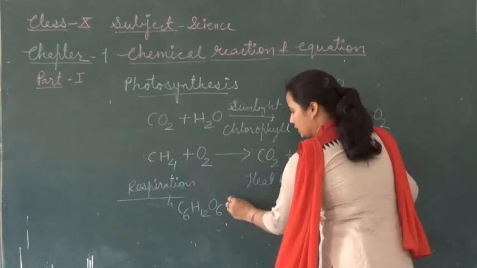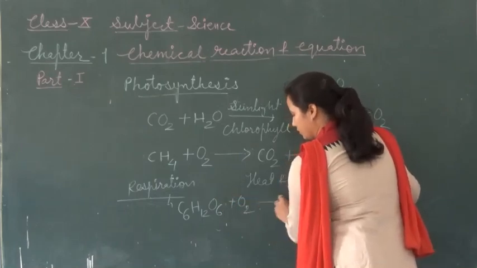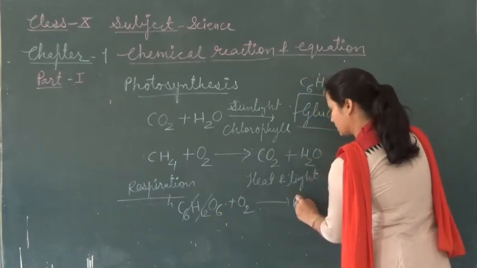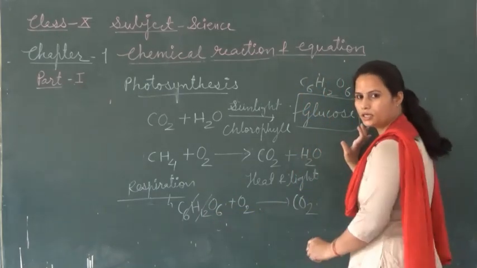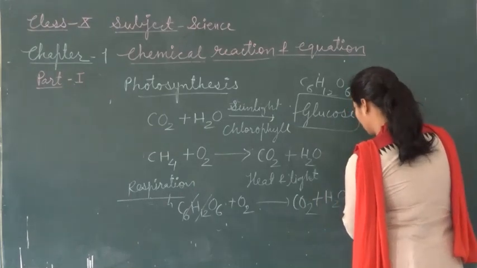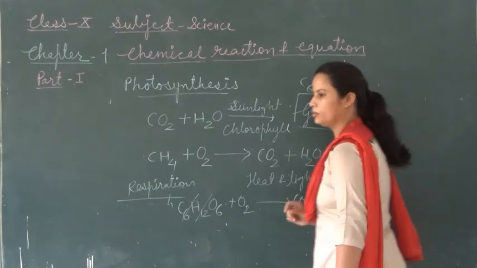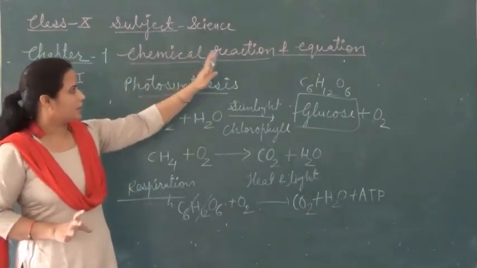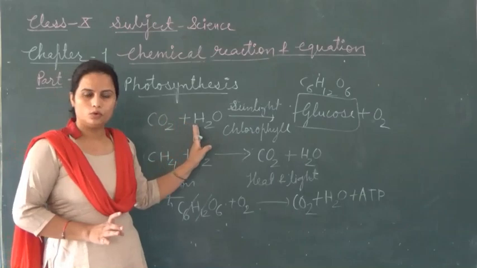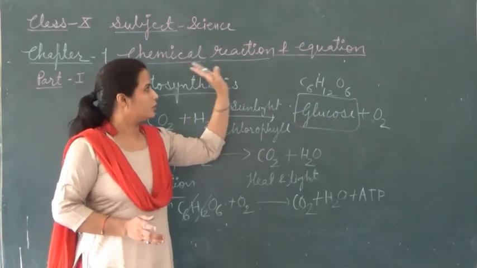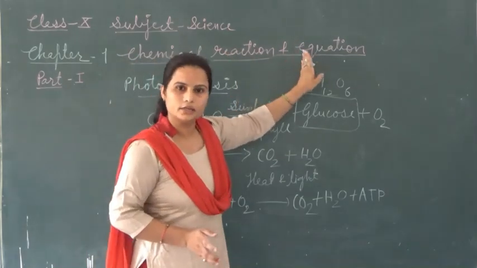When we respire, the oxygen gas breaks down this food molecule and it forms CO2, carbon dioxide, and water, and it gives energy to our body in the form of ATP. That is clear: a chemical reaction means that when two or more chemicals react, they form a product. Now it is called a chemical reaction and equation.